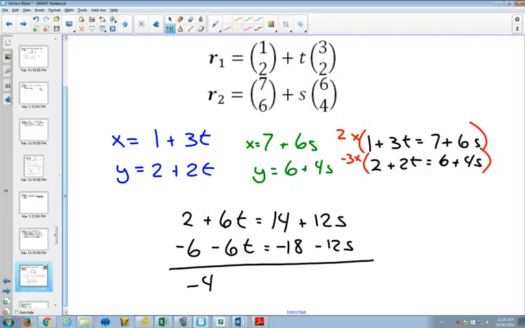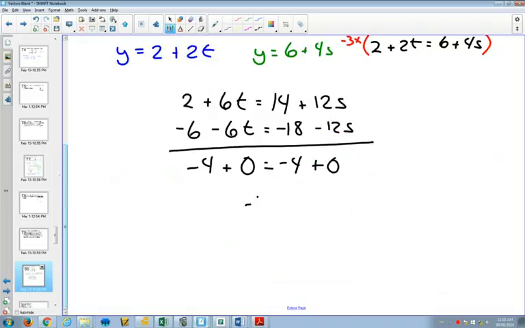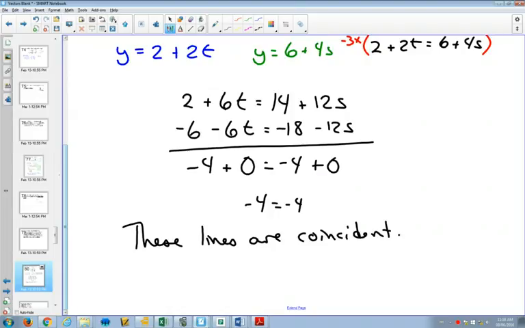And when you add these together, you get negative 4 plus 0 equals negative 4 plus 0, or negative 4 is equal to negative 4, which is something that is always true. So since we got something that's always true, we know that these lines are coincident.